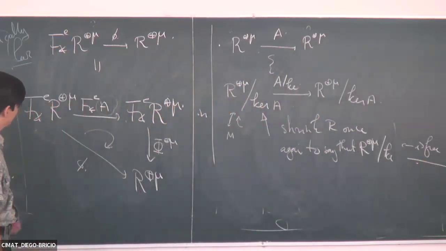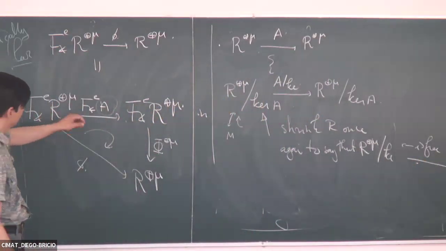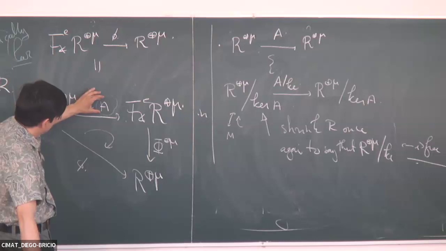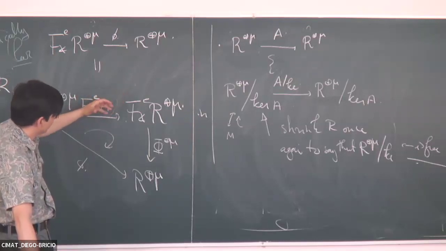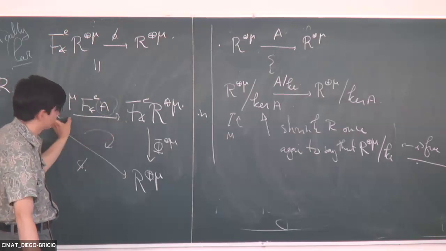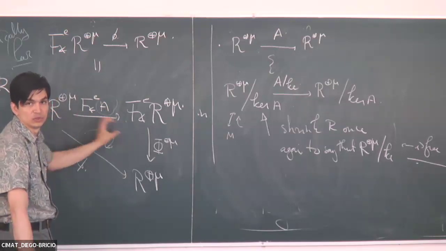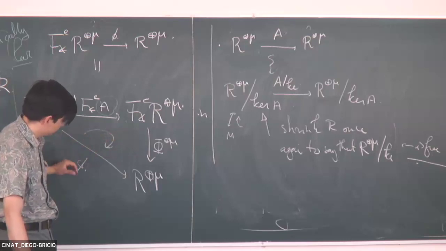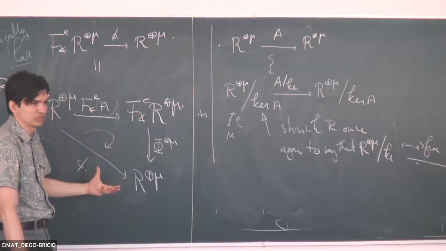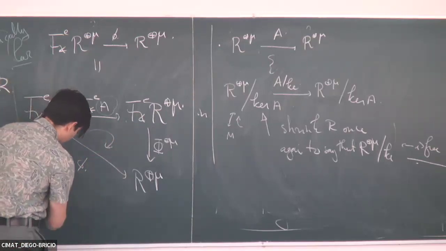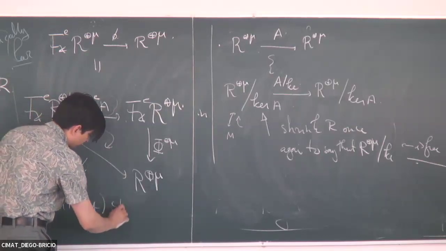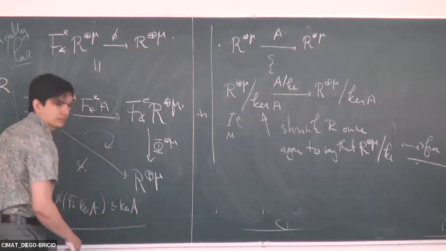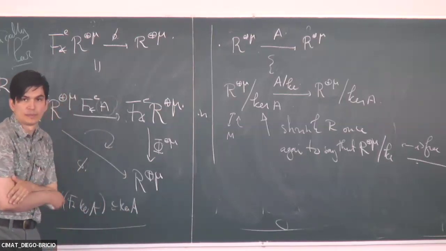And actually, the point is that the kernel of A is a Cartier module of this, right? You see it because if it goes to 0, well, it contains 0, right? So it is a Cartier module. Phi of the kernel of this matrix is a Cartier module, right?